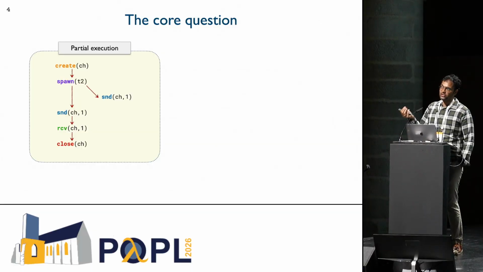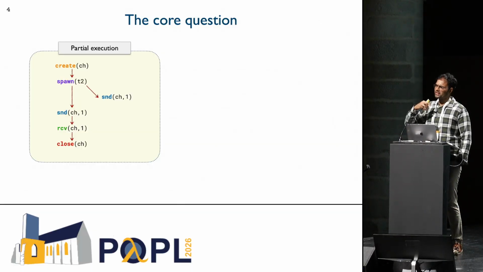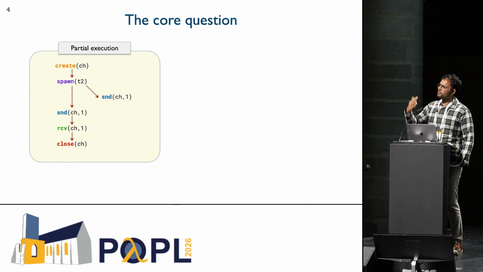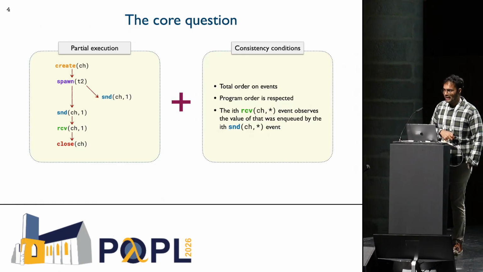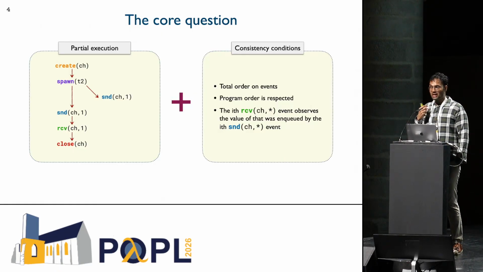I call that a partial execution. It talks about the set of events in that execution, together with the order between events of the same thread and other kinds of dependencies that must be respected in all other interleavings. Together with that, you also have to talk about the communication paradigm. In this case, the paradigm is channel-based communication.